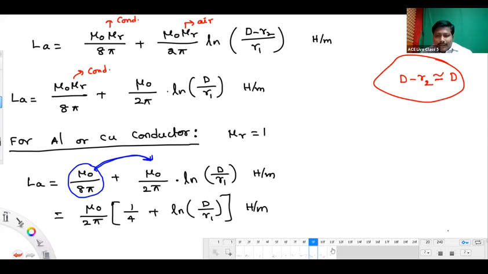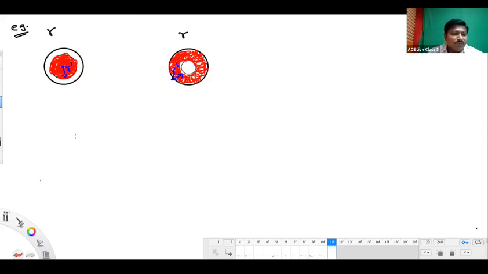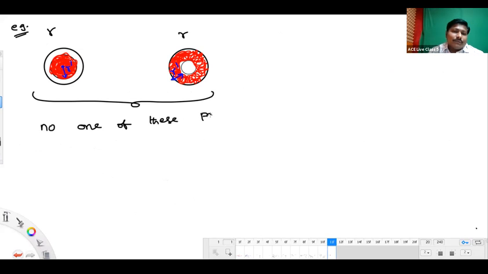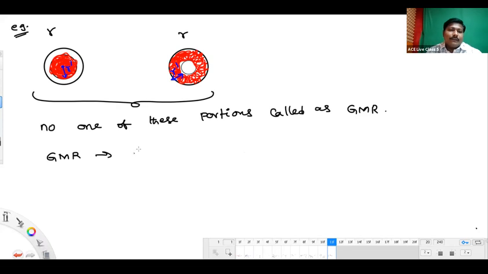Okay, so I'll write the statement that I said. No one of these portions is called as GMR.